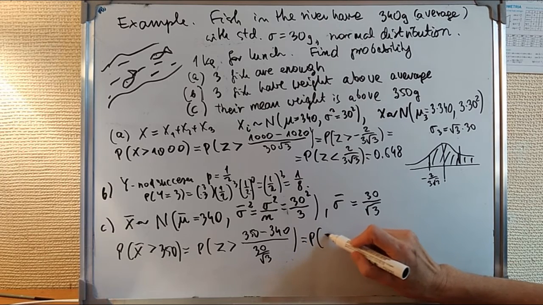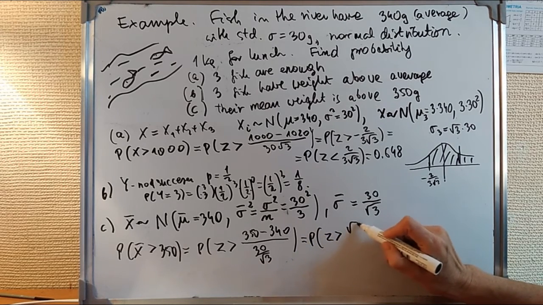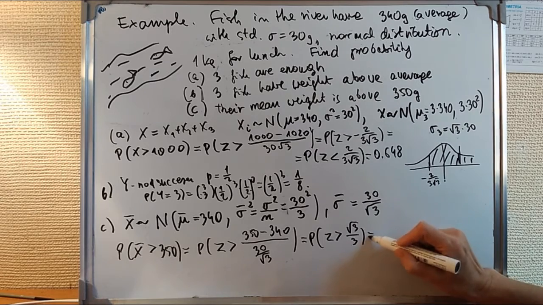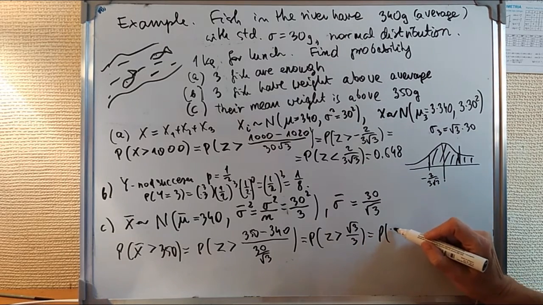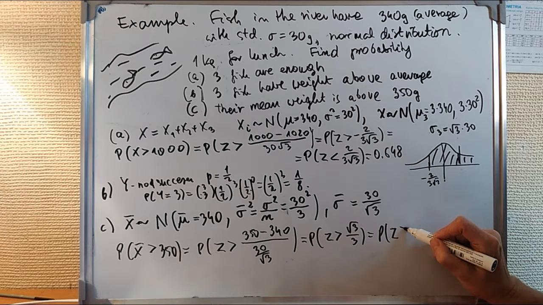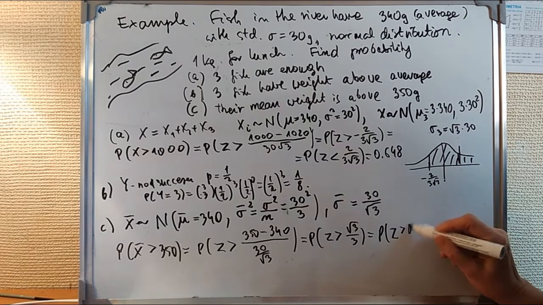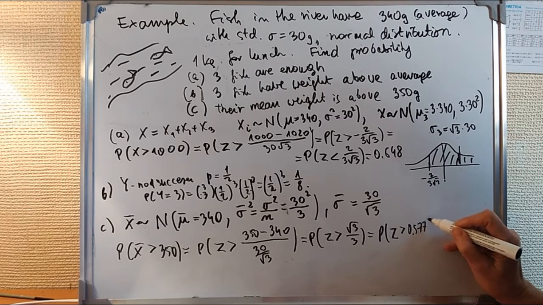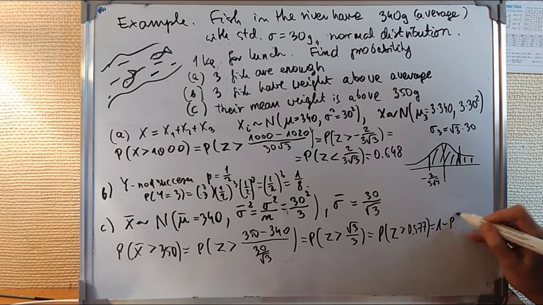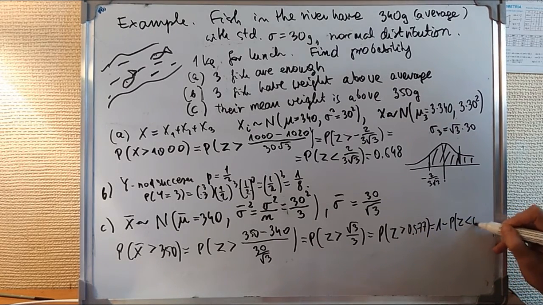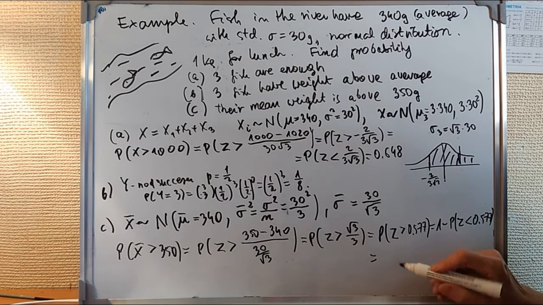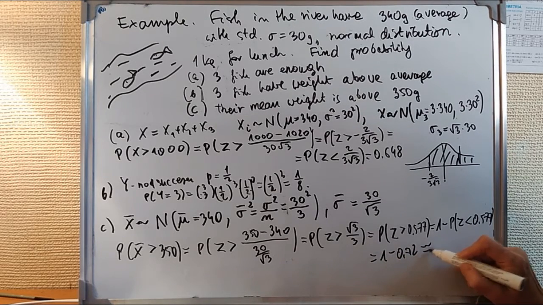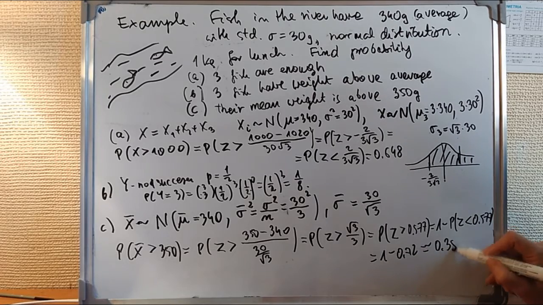So this is probability that z is greater than square root of 3 by 3. So this is probability z is greater than 0.577. So this is 1 minus probability z is less than 0.577. Okay, so this is 1 minus 0.72, which is more or less 0.38.